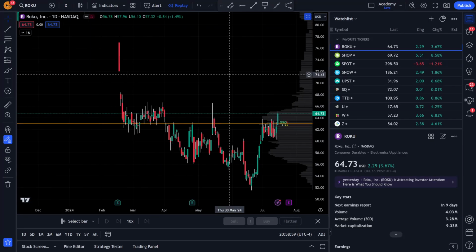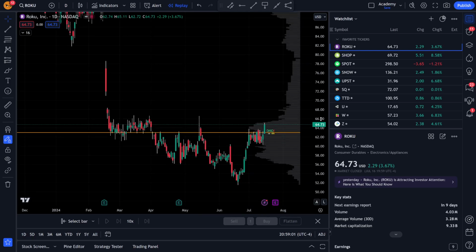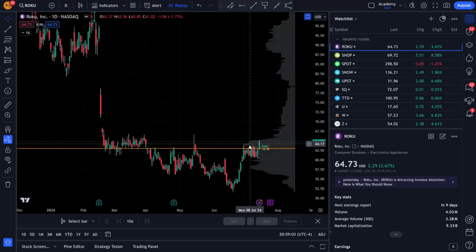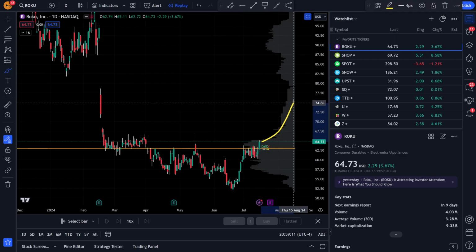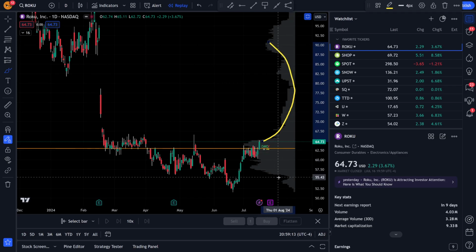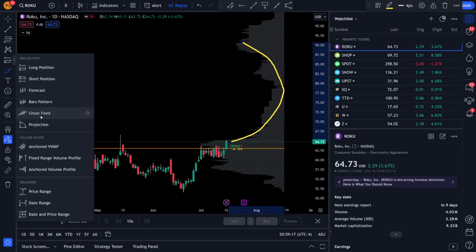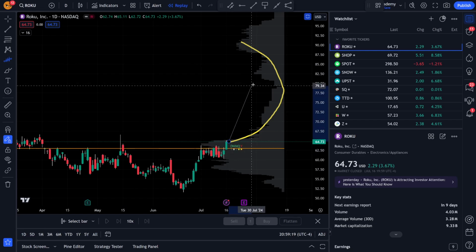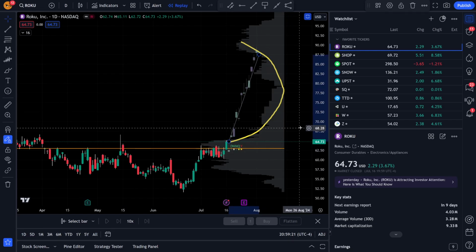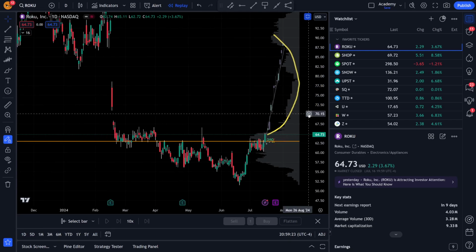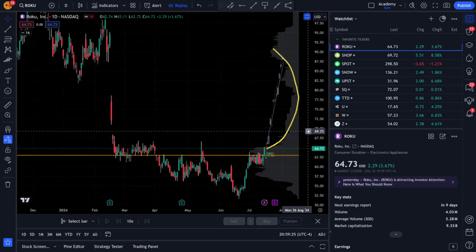And so look what happens if it breaks out of this area of high volume where it's super consolidated, right? If we break out, this whole swoop of decreasing volume, Roku can literally get some crazy popping action like that, right?